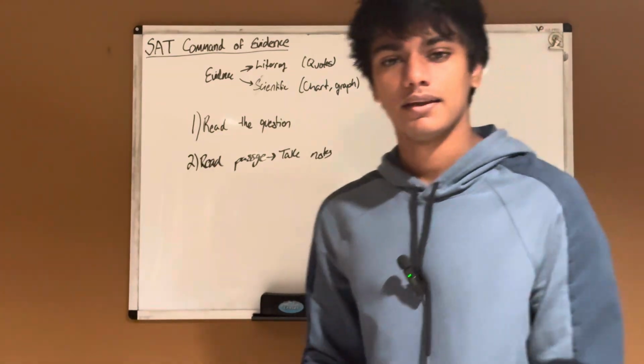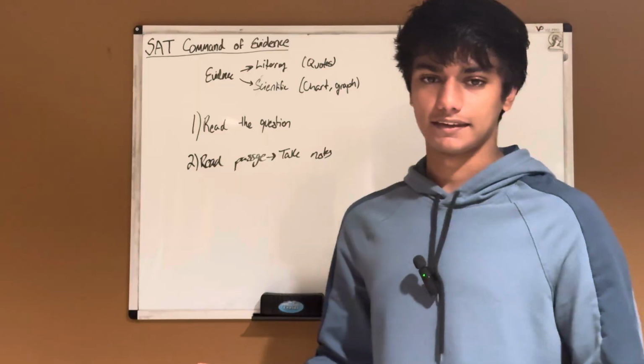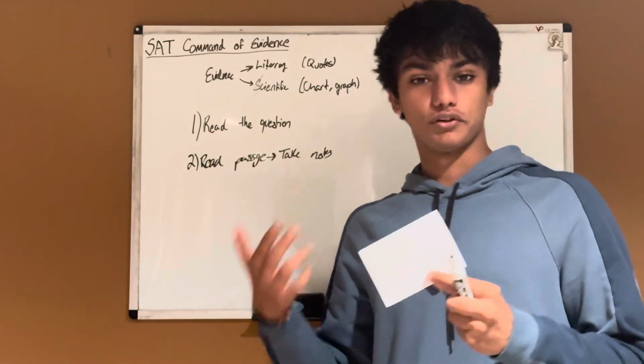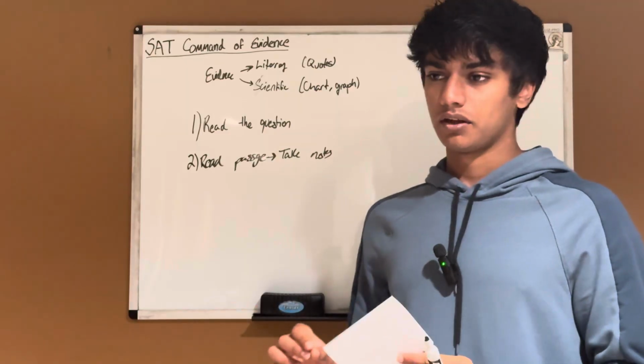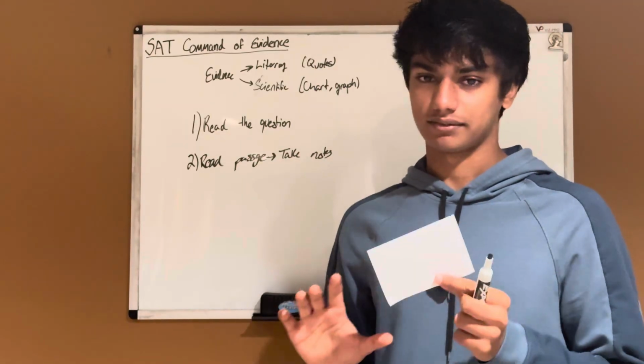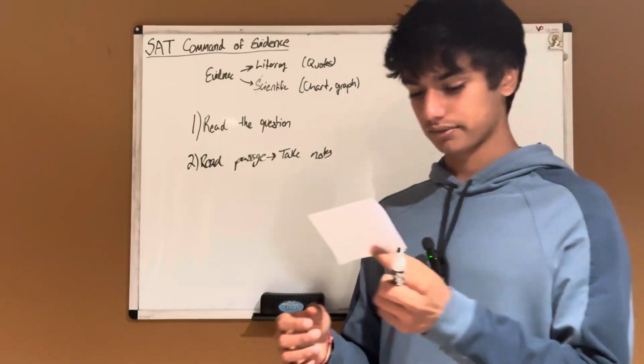But the trick is if you take notes and you actively read, then you don't have to reread the passage because you'll know what's happening. So again, make sure to actively read. That's one of the biggest tips I can give you guys for answering these command of evidence questions.